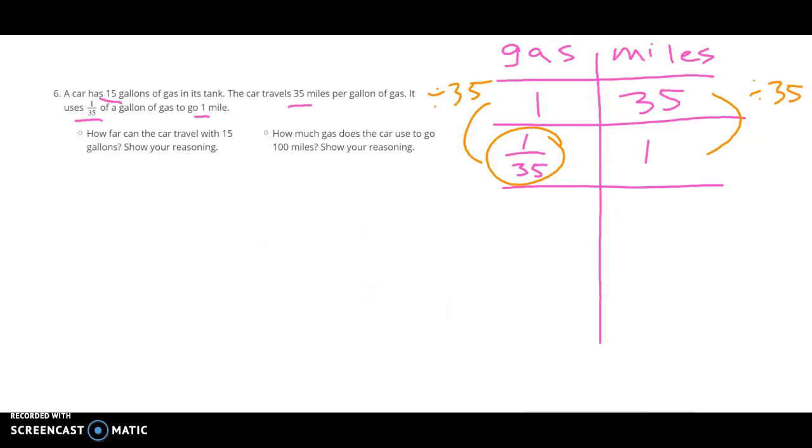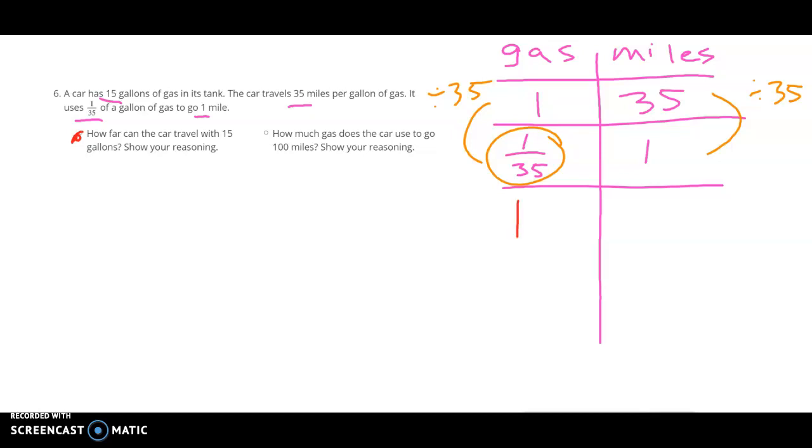So we have 2 different unit rates. 35 miles per gallon of gas and 1/35 gallon of gas per mile. Number 1 says, how far can the car travel with 15 gallons? Show your reasoning.